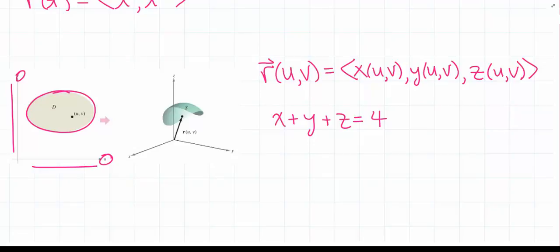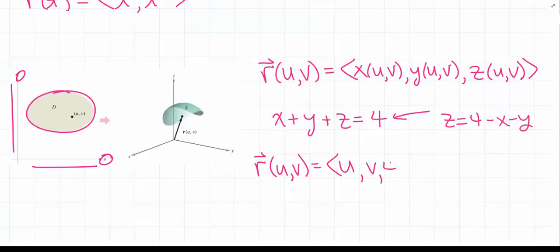Now, one of the ways we can do this is to do r of uv, and I'm going to assign the x component to be u, the y component to be v, and then for the z, I just solve this one for z. So z equals 4 minus x minus y, that is 4 minus u minus v. And there we now have a parametric expression for our surface. And we can do surfaces like that.